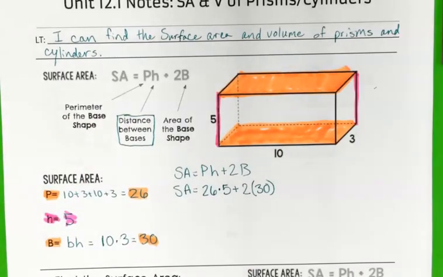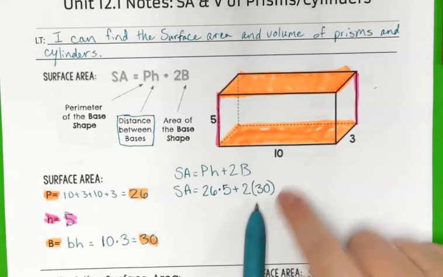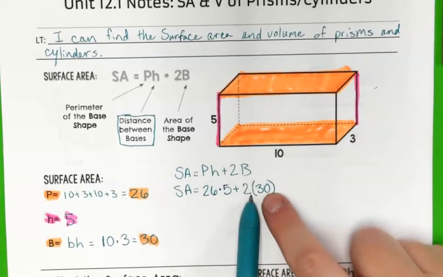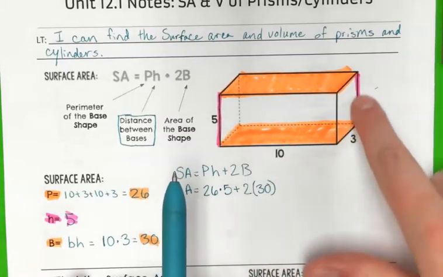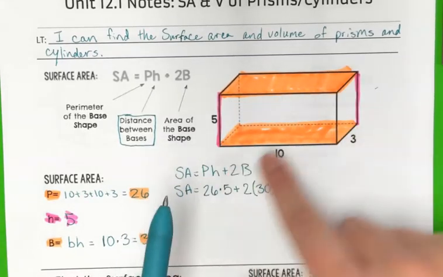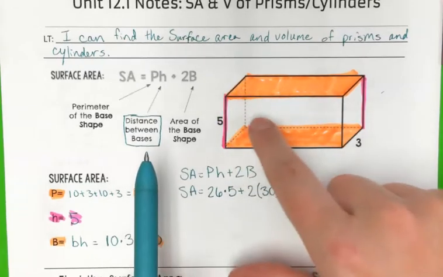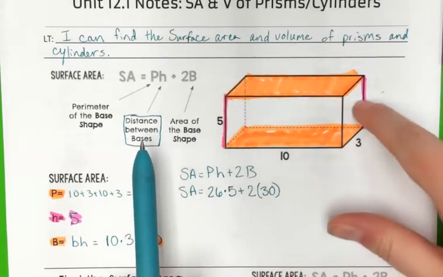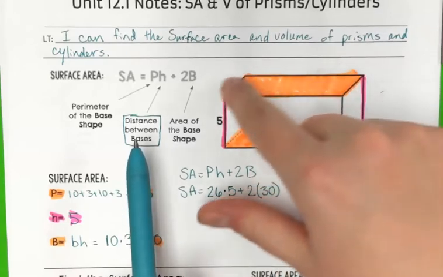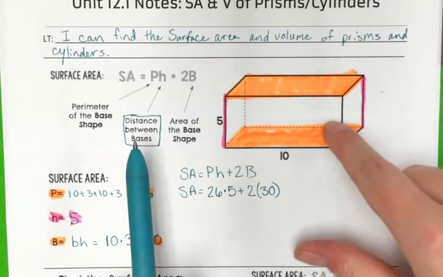And I want you to think about why does this work? Well, you've got two bases, so you need the area of those, and that's why we're multiplying it by 2. And then the other part is, since these are rectangles, it's just base times height, but of all of these faces. That's why you need the perimeter, because that's the base of all of the sides put together.